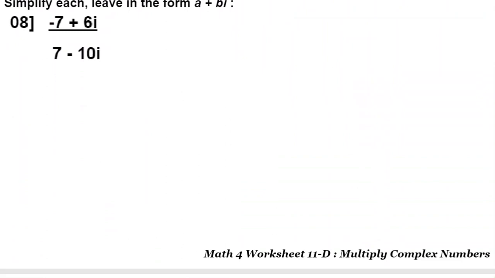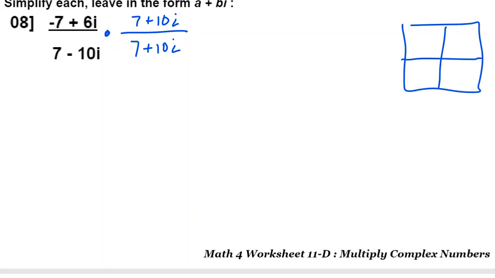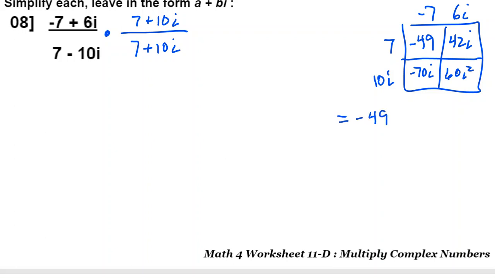All right, the conjugate here is going to look like that. Now, when I go over here, negative 7 plus 6i, 7 plus 10i. And so when I start multiplying in here, that's going to give me negative 49. 42 minus 70 is going to give me negative 28i.